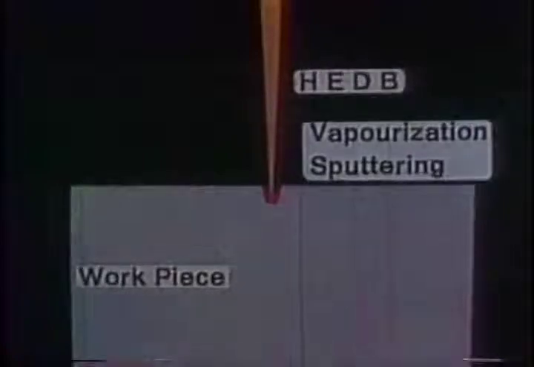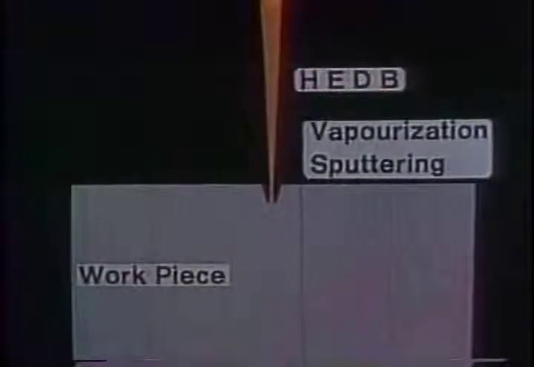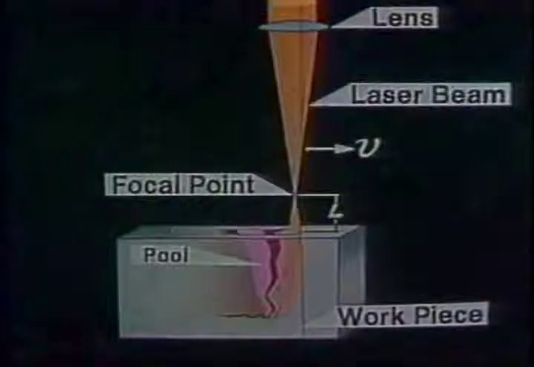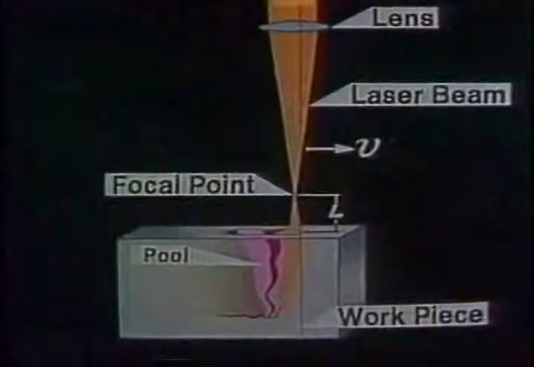This strong vapor pressure causes the molten metal to push away and results in the formation of a cavity or a beam hole, and an incident beam penetrates deep in the specimen, and this indeed enables us to perform deep penetration welding. Compared to arc welding, the evaporation phenomenon plays a fundamental role and brings forth a substantially different nature in the penetration process.